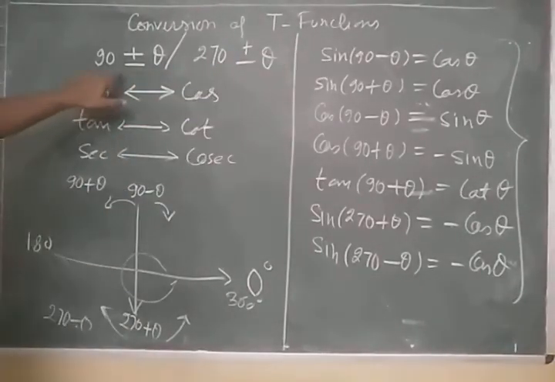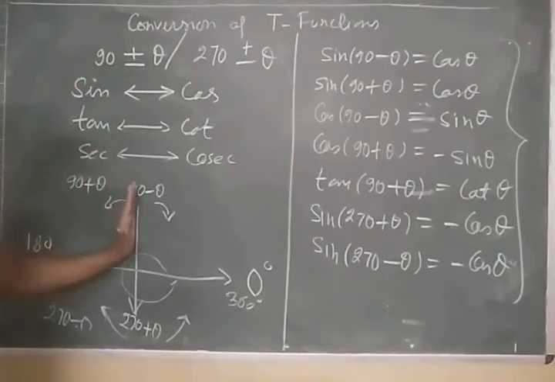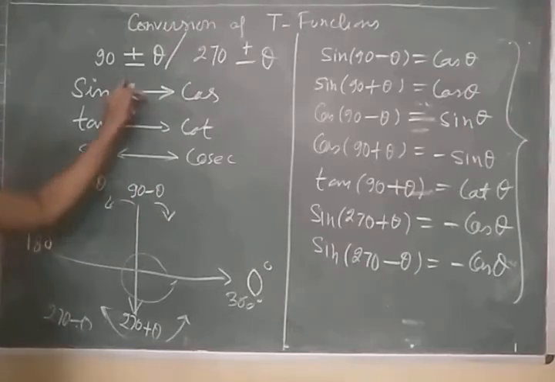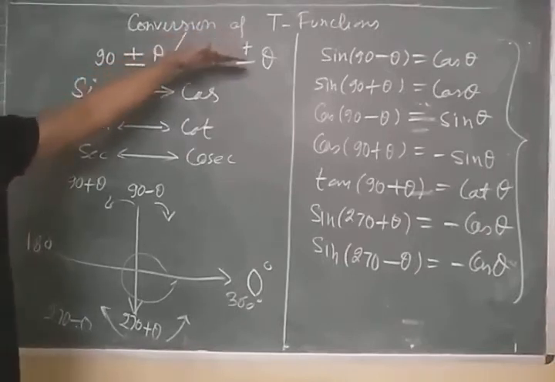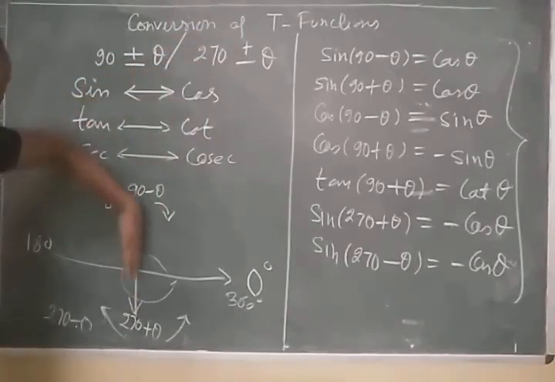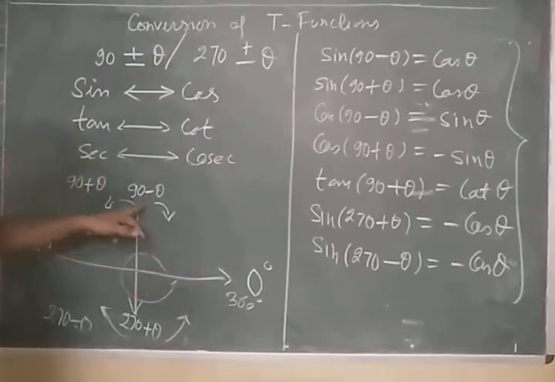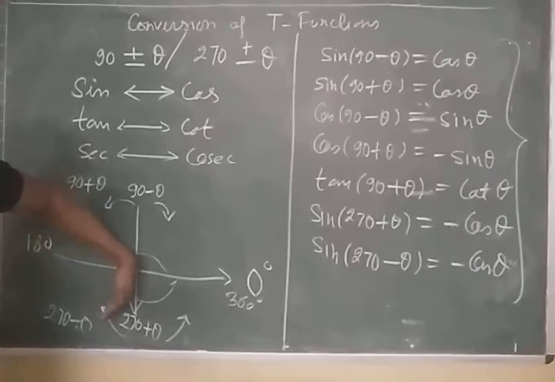Now there is a rule to make these conversions. In 90 plus theta or 90 minus theta, this is 90, this is 90 minus theta, and this is 90 plus theta, right? Or 270 plus theta or 270 minus theta. This angle is 270, like 90 plus 90 plus 90. So this is 270 plus theta and this is 270 minus theta, right?